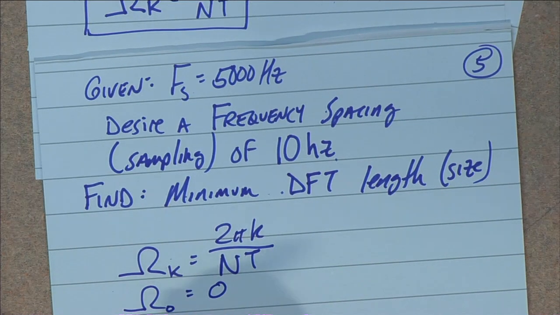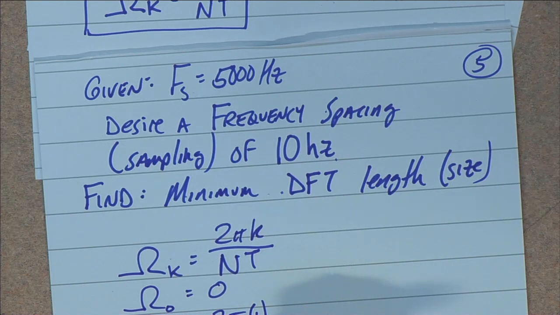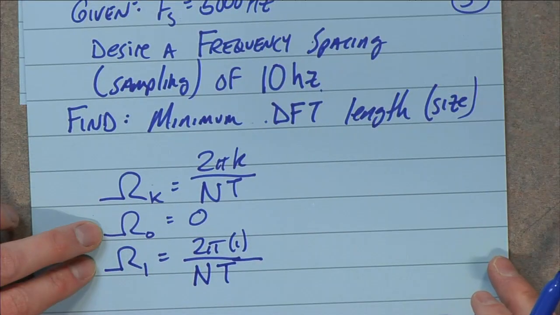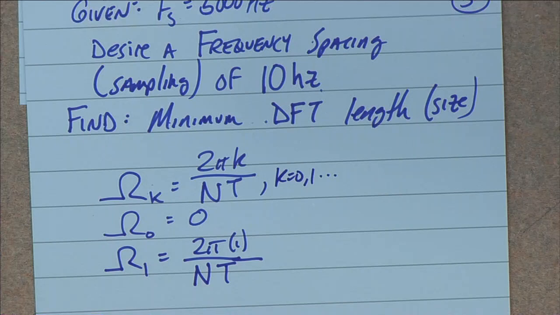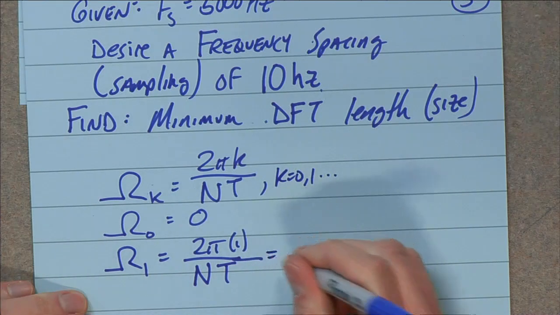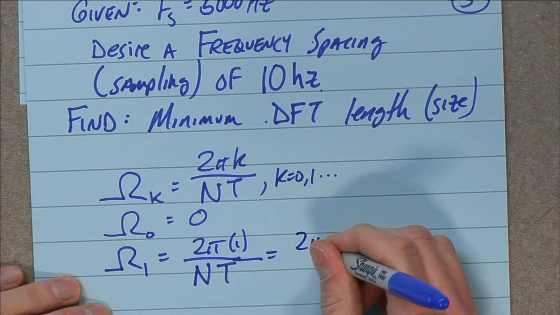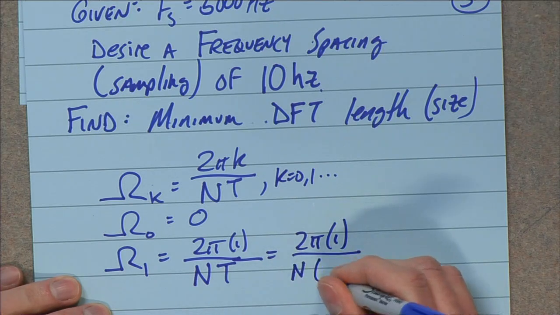And the very first sample is omega 1, which is 2 pi, k is 1, all over N times T. And the delta between these two is really what's of interest here. That's 2 pi times 1 over N, which we don't know, that's the thing we're trying to find. T is 1 over 5,000, right?